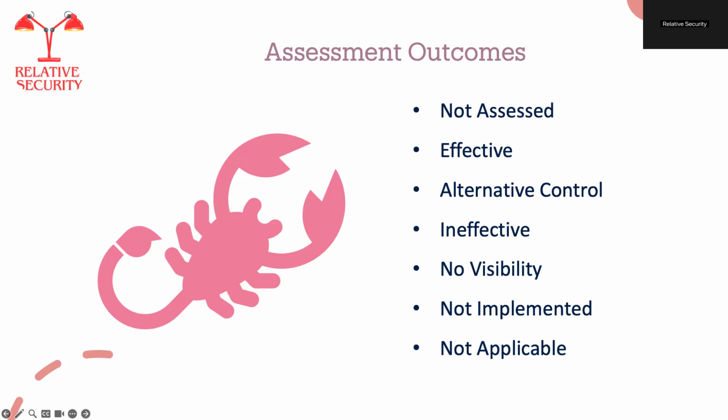Now, what about exceptions? Yeah, sometimes exceptions are real. Maybe an old server can't support multi-factor authentication. In that case, the assessor looks at the compensating controls. Maybe they put that server behind a firewall, limit who can access it, and monitor it super closely. But here's the rule. All of this needs to be formally documented and approved by the right authority.